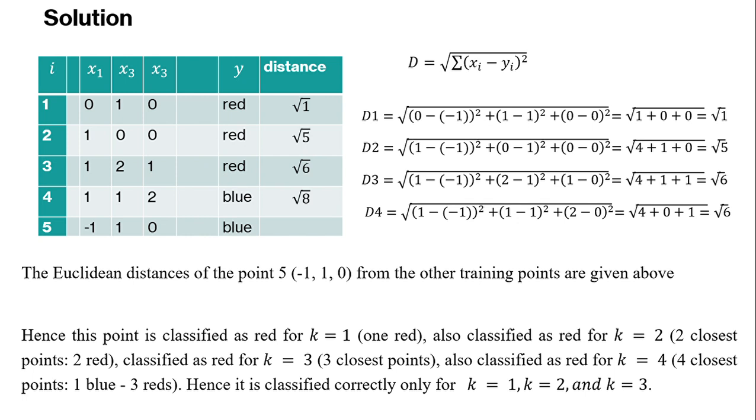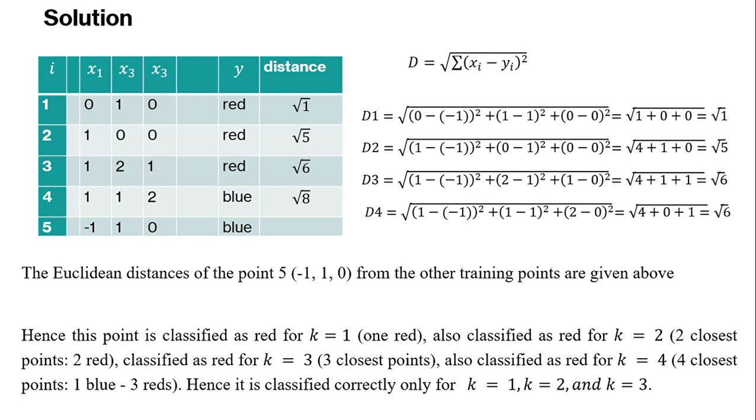Then for the first point, distance 1, we have 0, 1, 0 as against the fifth one, 1, 0, 1. So 0 minus 1, we square it. 1 minus 1, we square it. 0 minus 0, we square it.